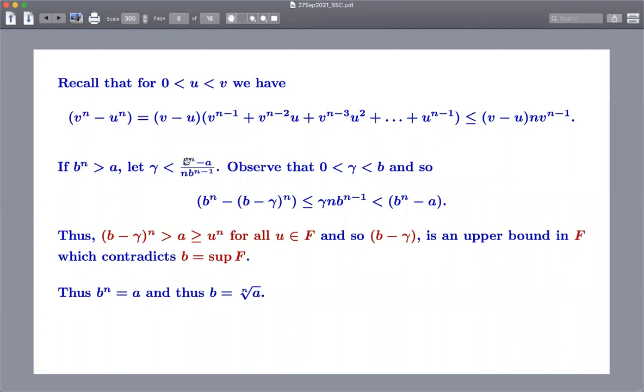b^n is bigger than a, so the numerator is bigger than 0, and the denominator n times b^(n minus 1) is anyway positive. So the ratio is something positive. So I should have said, let gamma be that.